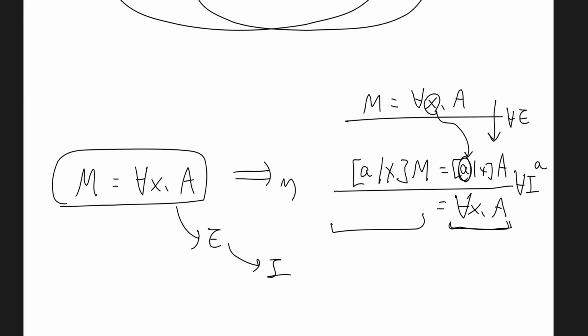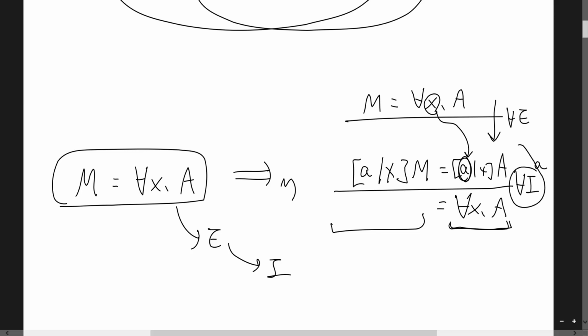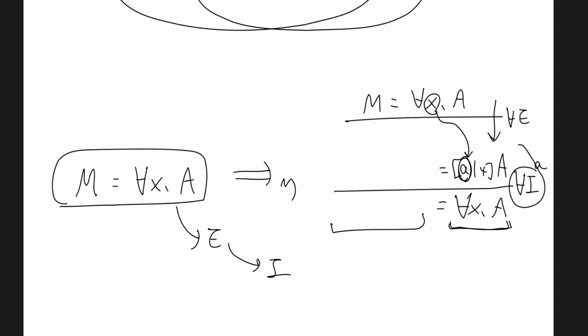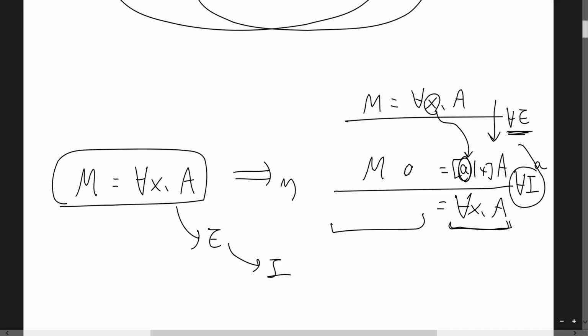Now that's precisely the pattern that complies with the for all introduction rule. So I got confused. This is the for all elimination rule. So you actually have to apply this M to a, because perhaps M is going to be some lambda of this form.